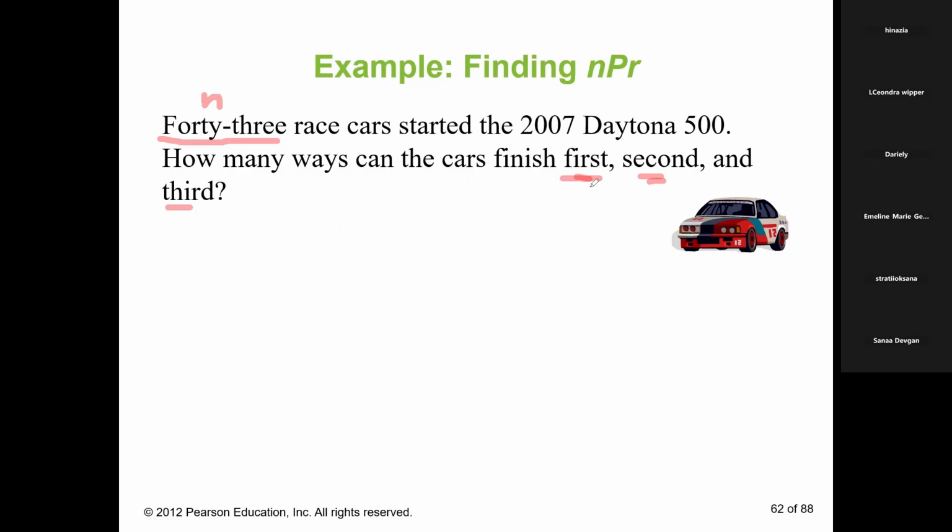Can you see that? In the United States, there is a president, there is a vice president, and there is someone else.